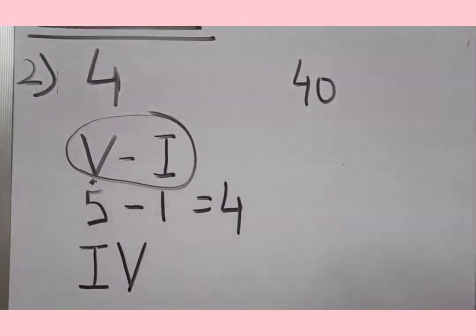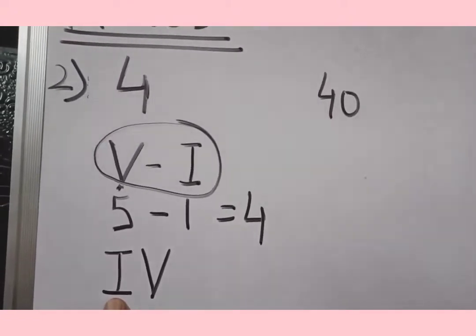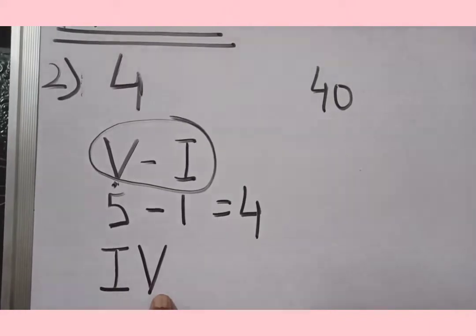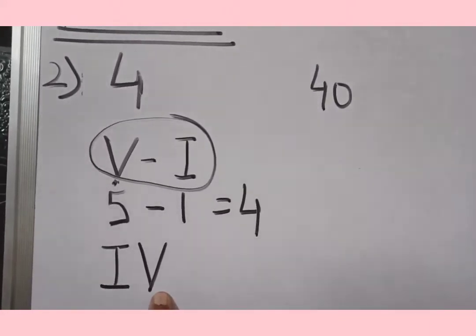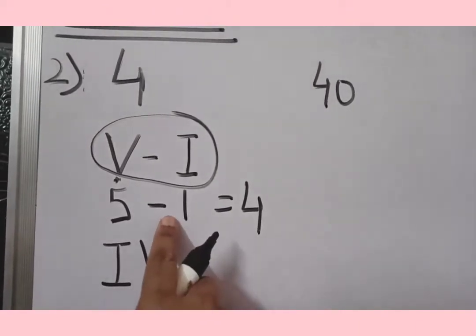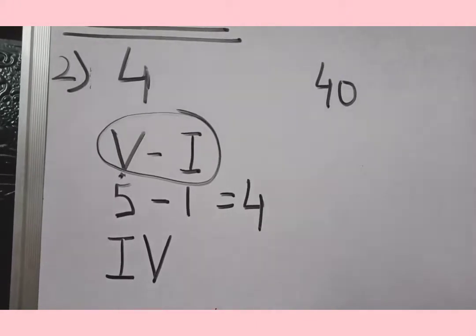I'll repeat it once again. I am going to write the alphabet which carries the smaller value first, and then the symbol of greater value. It will represent that they are subtracting from each other and we get the answer 4.